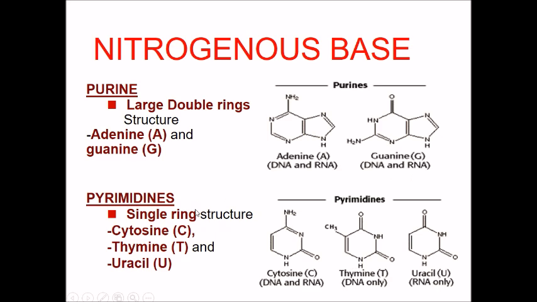Meanwhile, pyrimidines only have a single 6 member ring over here. Examples of pyrimidines are cytosine that can be found in both DNA and RNA, then we have thymine that can be found only in DNA, and also we have uracil that can be found only in RNA.